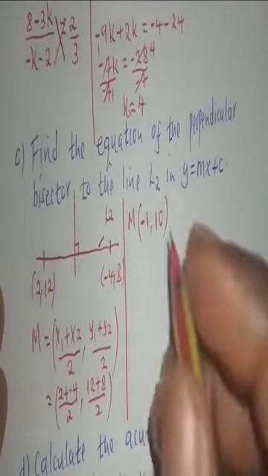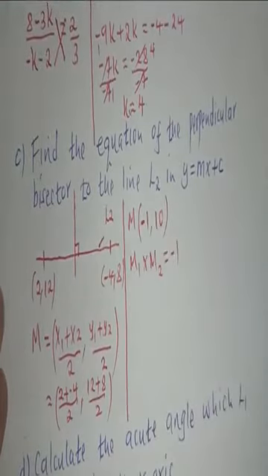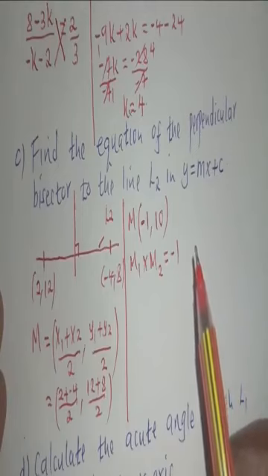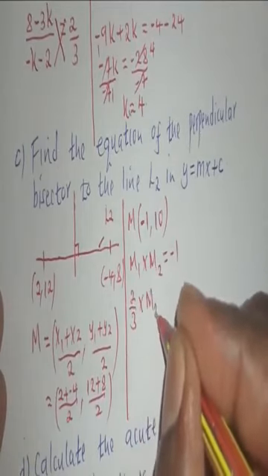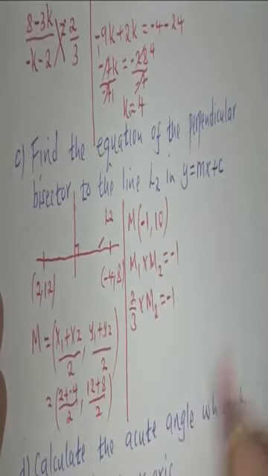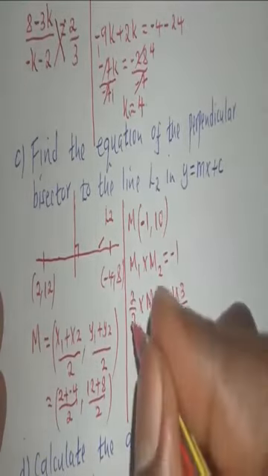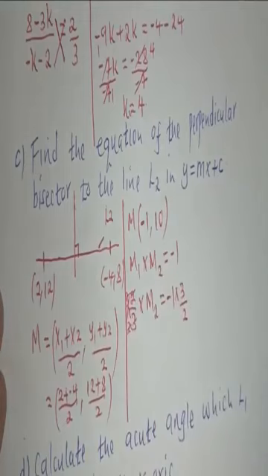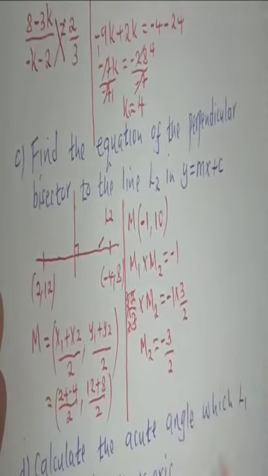Then for perpendicular lines, we know that m1 times m2 equals negative 1. And we know m1 from the equation of L2 is 2 over 3. So 2 over 3 times m2 equals negative 1. So now we multiply both sides by the reciprocal of 2 over 3, which is 3 over 2. 3 over 2 times 2 over 3 is 1. So m2 equals negative 3 over 2.